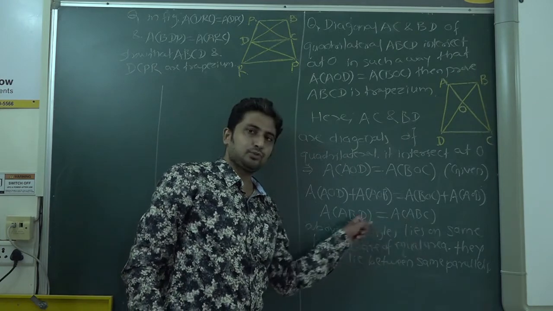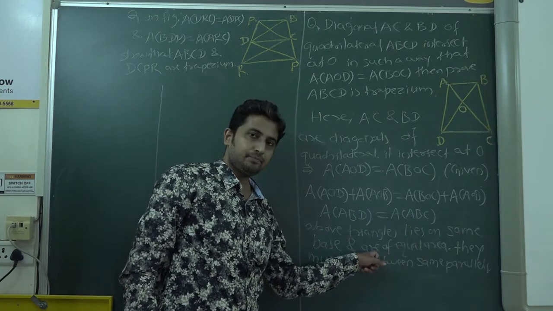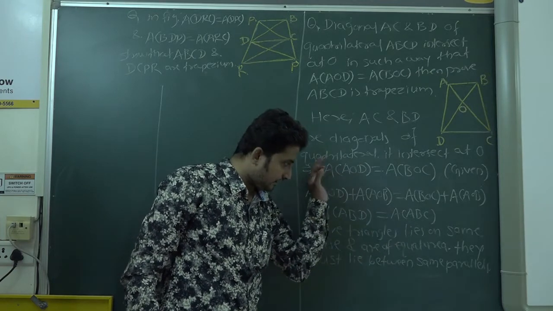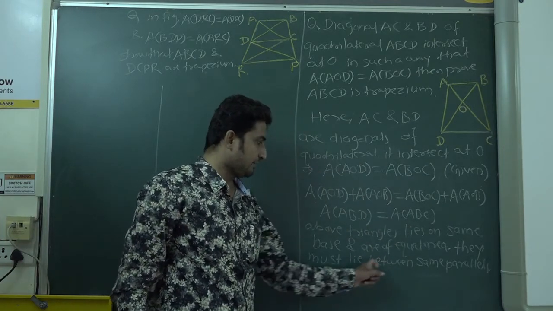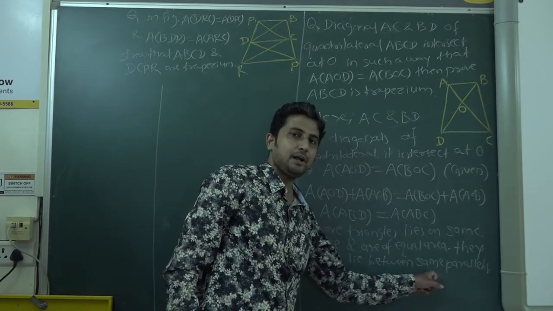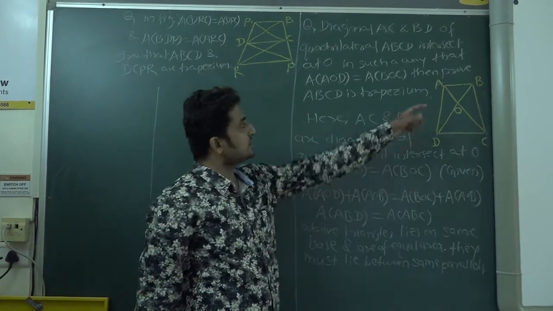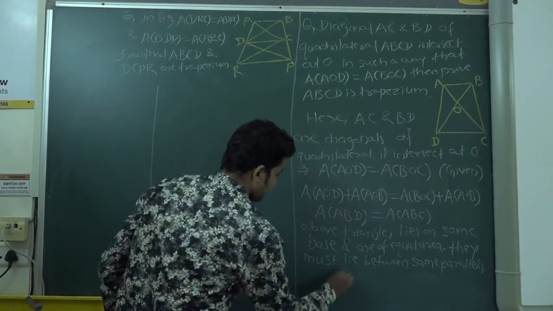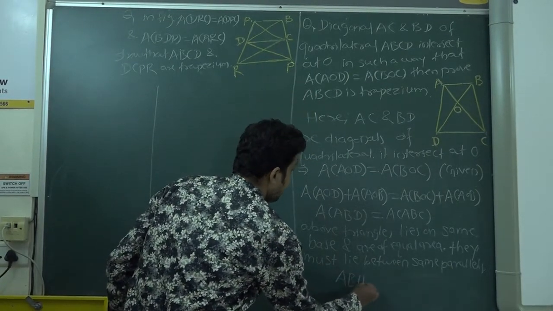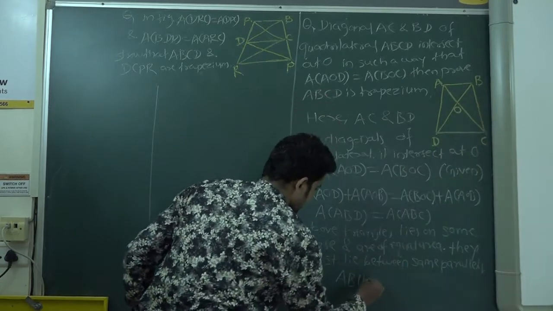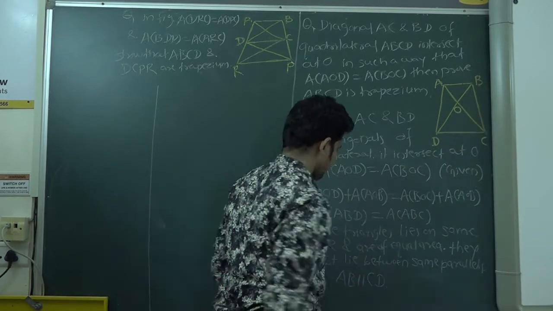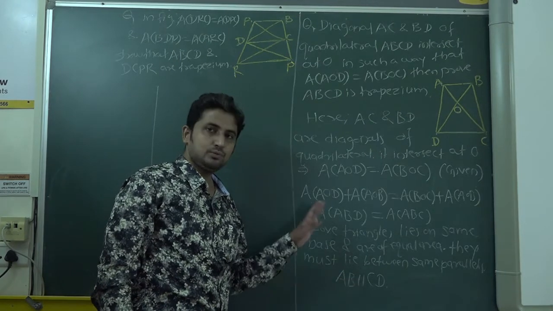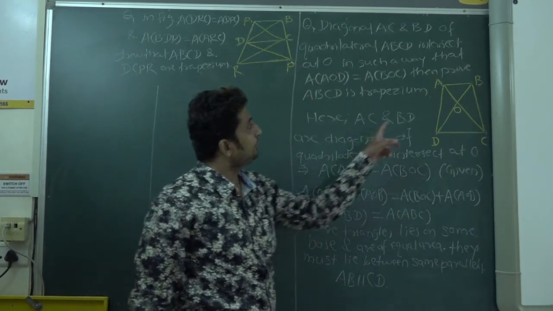If areas of two triangles are equal and they are lying on the same base, it guarantees that they must lie between the same parallels. Now tell me dear students, here what are the parallel sides? AB parallel to, correct, CD. AB parallel to CD.